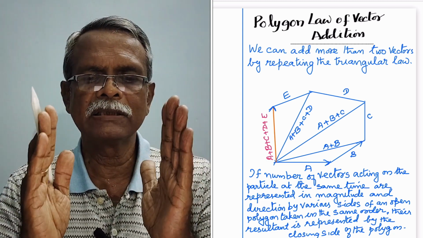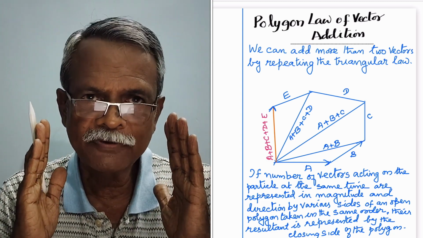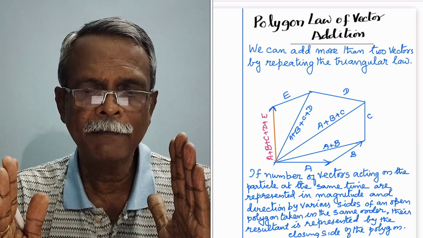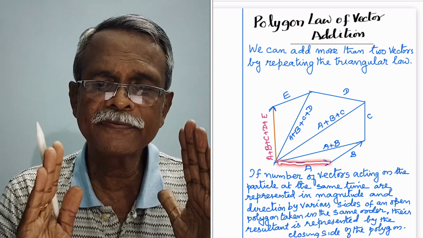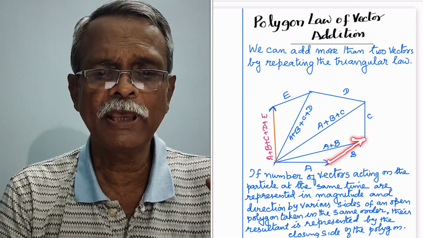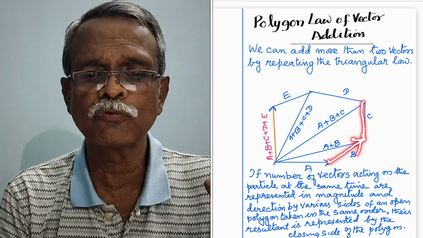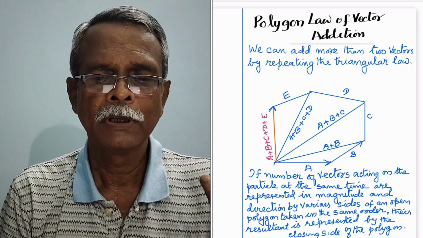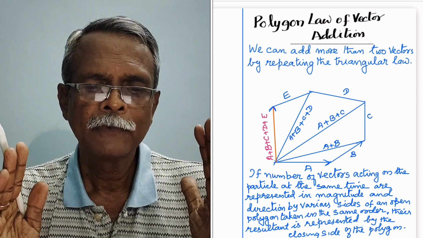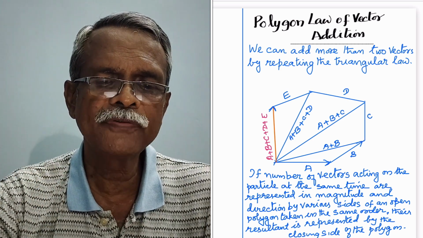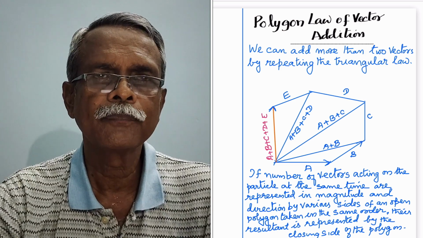Therefore, they are represented by magnitude and direction by various sides of an open polygon. This is an open polygon. And then the resultant is represented by the closing side of the polygon.